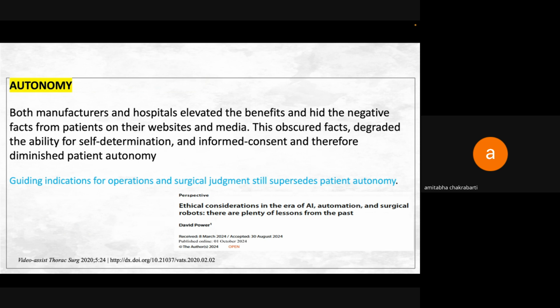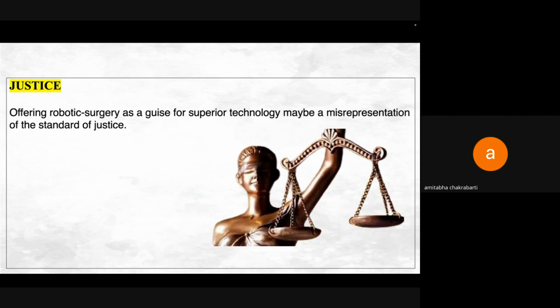So, guiding indications for operations and surgical judgment still supersede patient autonomy. So, autonomy is very important, and justice is offering robotic surgery as a guise for superior technology.